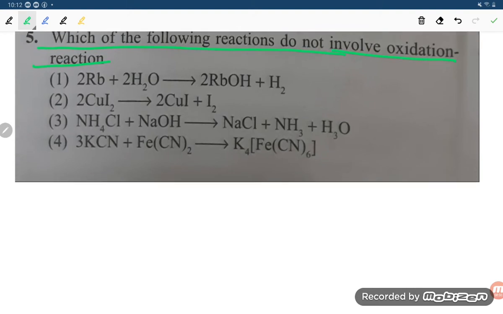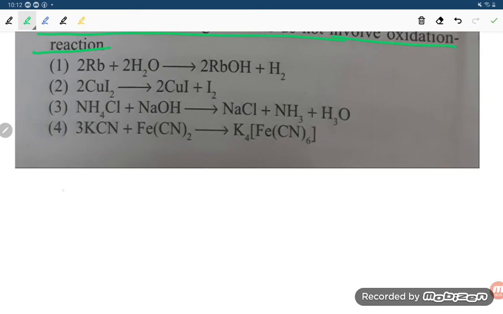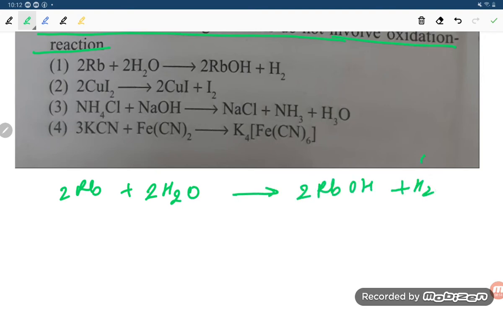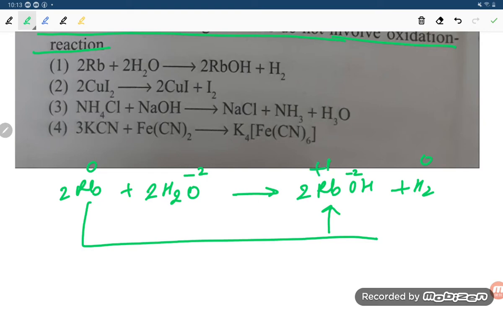Okay, so you see, student, what is happening. 2Rb plus 2H2O gives 2RbOH plus H2. Here Rb is 0 and H2O is... Rb goes from 0 to plus 1, which is oxidation.